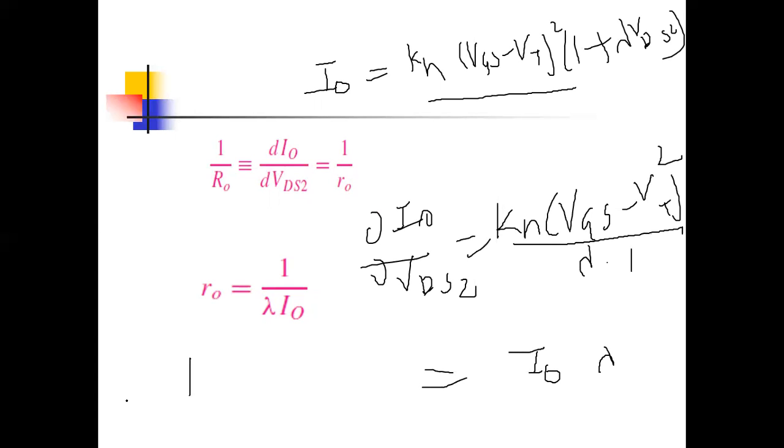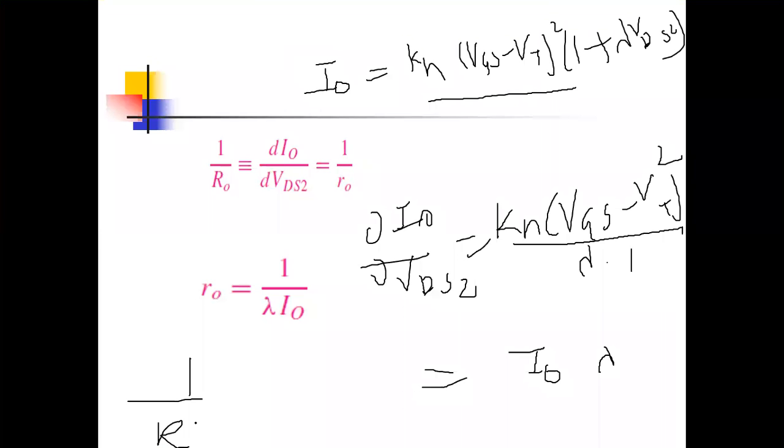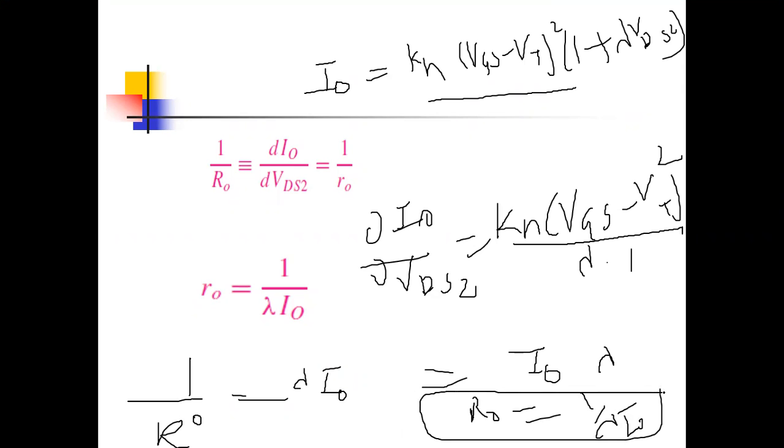So 1 upon R naught equals lambda into I naught. So, the opposite: R naught equals 1 upon lambda into I naught. So that is the derivation of output resistance.